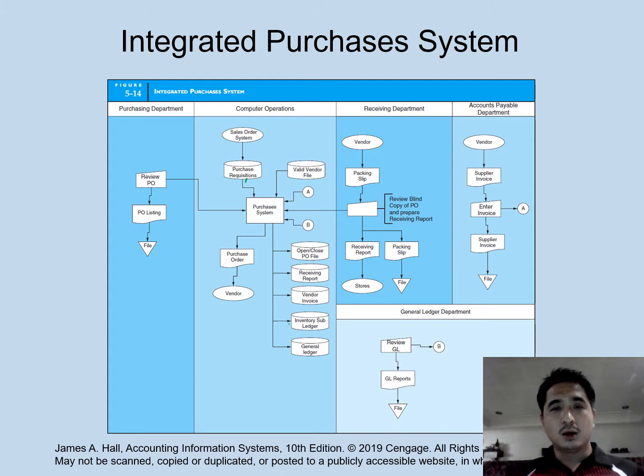Okay. The purchase requisition is generated, and then using this purchase requisition, the purchase system processes the purchase order, and it is automatically printed or generated and sent to the vendor or supplier.